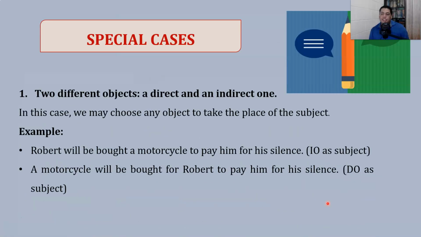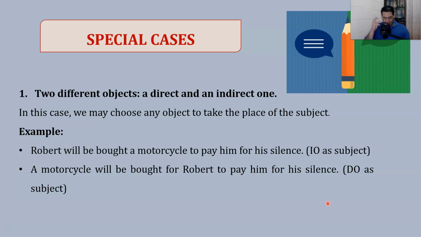And let's talk about special cases. One of the special cases is when we have both objects, direct objects and indirect objects. When that happens, it's very likely that we may use either the direct object or the indirect object as the subject of the new sentence in passive voice.